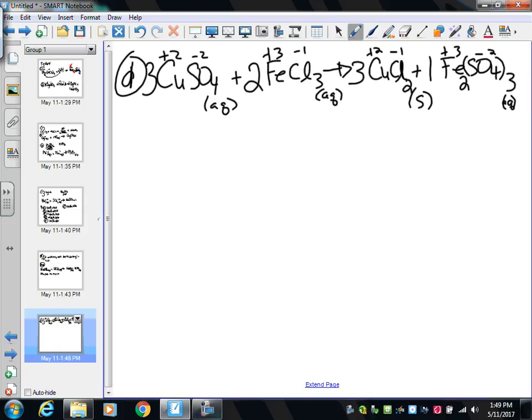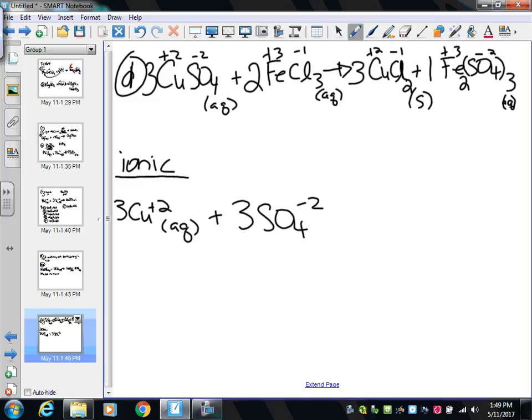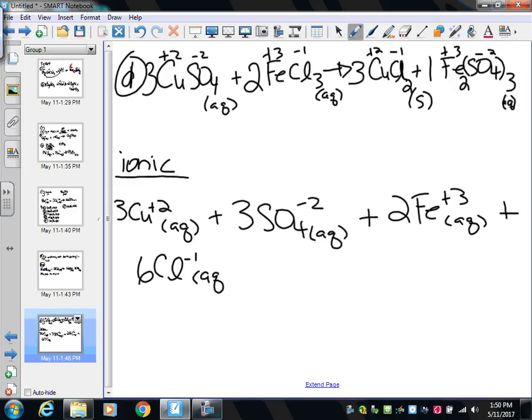So for the ionic one, we have to write the whole thing. It is a lot. So remember, you have to write each part of it. So 3Cu plus the 2, and we're going to have aqueous, plus. I kind of do what's going together to make myself, but whichever way works for you. Or if you go in order, 3SO4, the -2, and this is aqueous, plus 2Fe, plus 3 aqueous, plus our 6Cl, -1, that's aqueous.